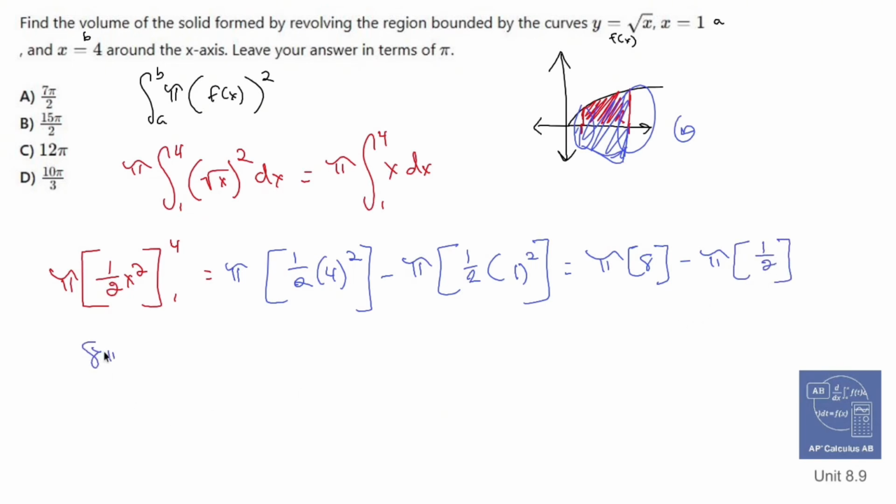That's 8 pi minus half a pi, which is 16 over 2 minus a half, 15 halves pi, or 15 pi over 2, which is B.